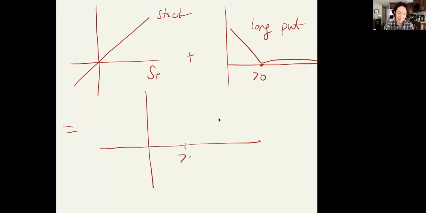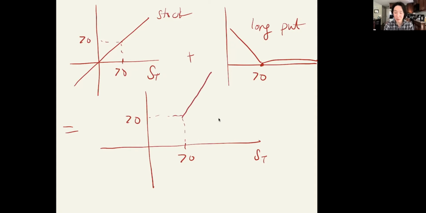When the stock price is 70, then your payoff is going to be 70. Why? Because if the stock price is 70, then your stock position is also 70, but your long put position payoff is 0. And when the stock price is higher than 70, it goes along the 45 degrees line, right?